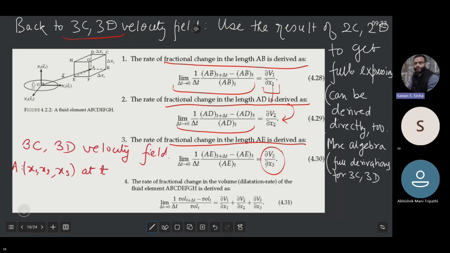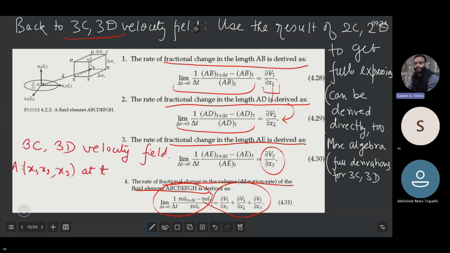Rate of fractional change in volume of this fluid element, defined in this way, will turn out to be this. What's happening? Rates of fractional change in all three lengths, AB, AD, and AE, are added together, and that's what you get as the rate of fractional change.